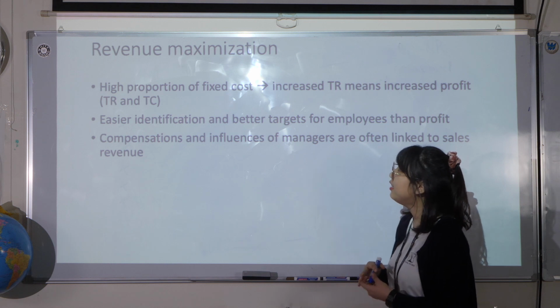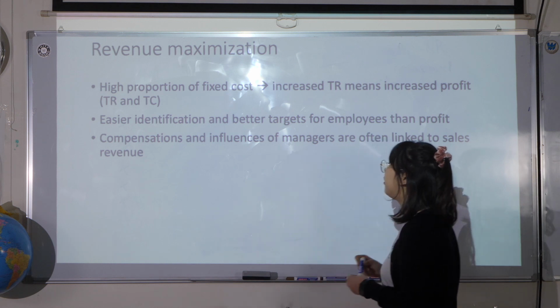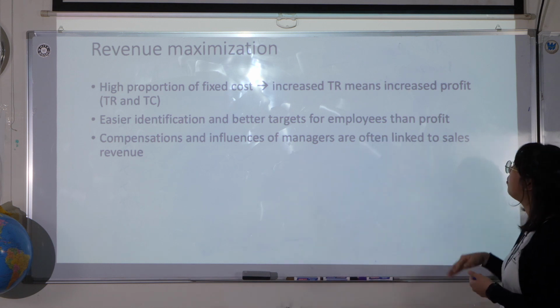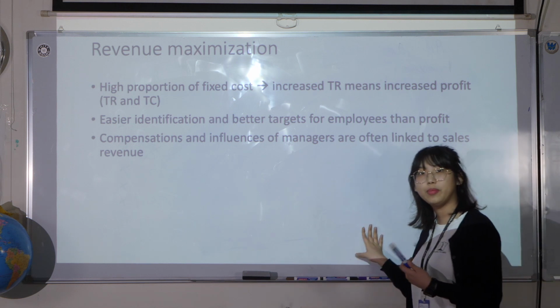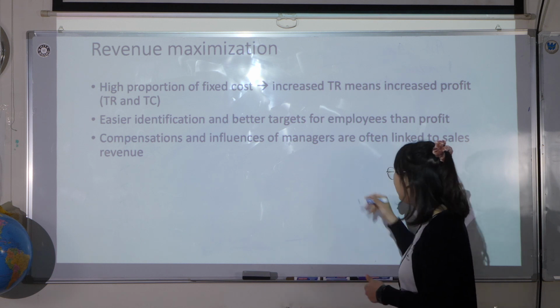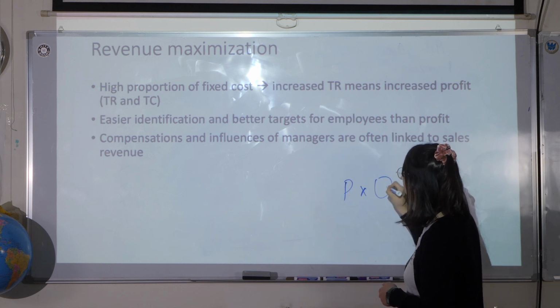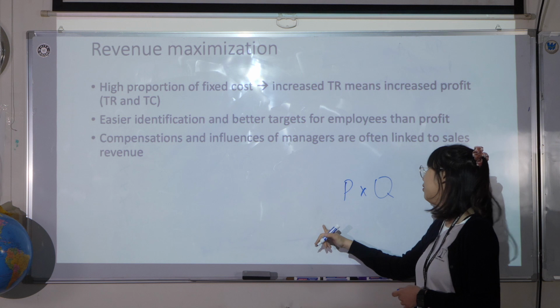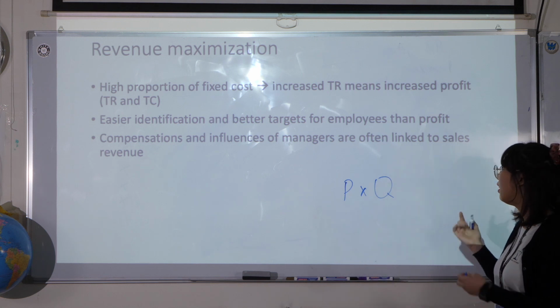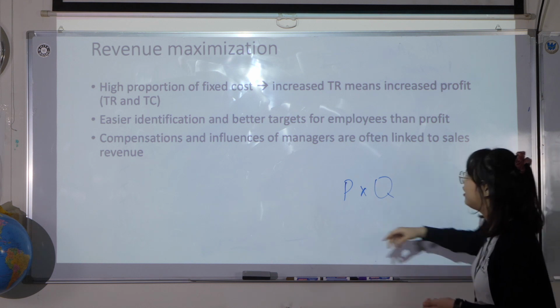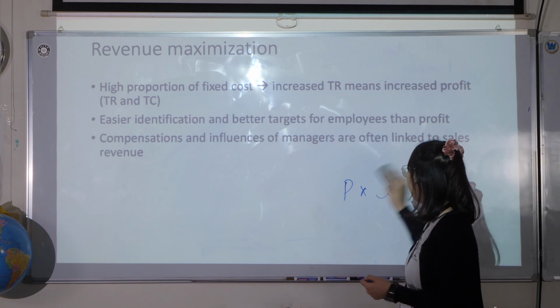Second, it is an easier identification and a better target for employees than profit. I hope you guys remember how to calculate revenue. It is P times Q, right? So it's a really simple identification of how the firm is progressing compared to profit.